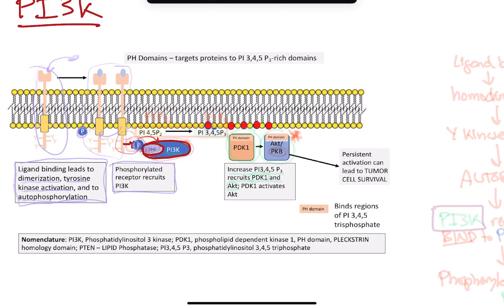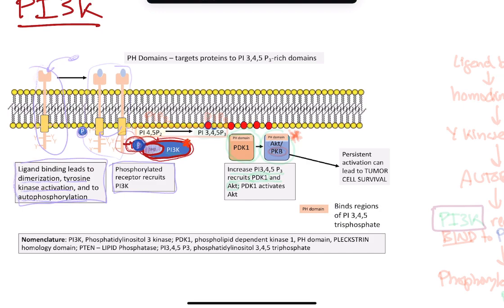Once this SH2 domain on the PI3K associates with the phosphotyrosine, here's the PI3K, it will become phosphorylated. We see that over here, that phosphorylated.